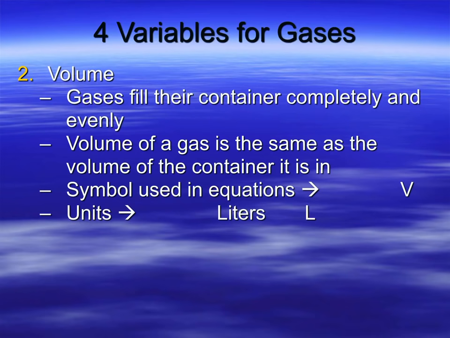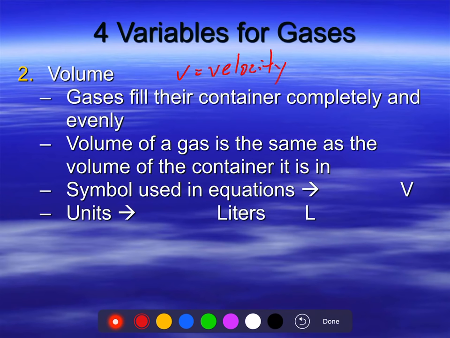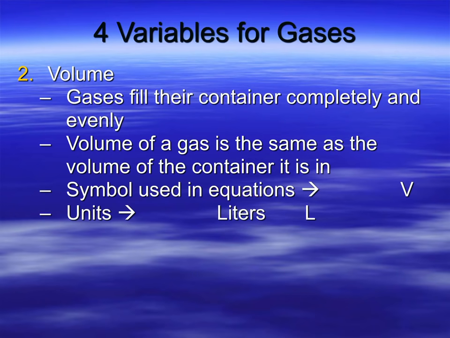A lowercase v is for velocity, but a capital V is for volume. So make sure you use that capital V for volume. Remember, lowercase n for moles, capital V for volume. And we always want to measure them in our standard, and our standard is liters.